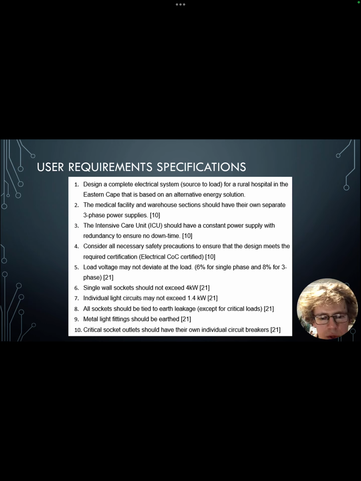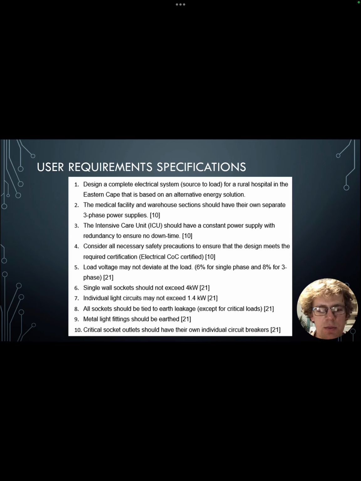All sockets should be tied to earth leakage except for critical loads. Earthing needs to be implemented, and earth points are indicated on the project, basically to indicate where the DB boards are earthed. All of this is done according to South African standards.